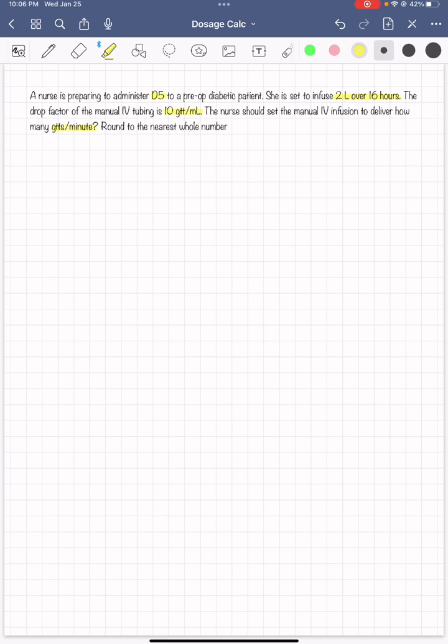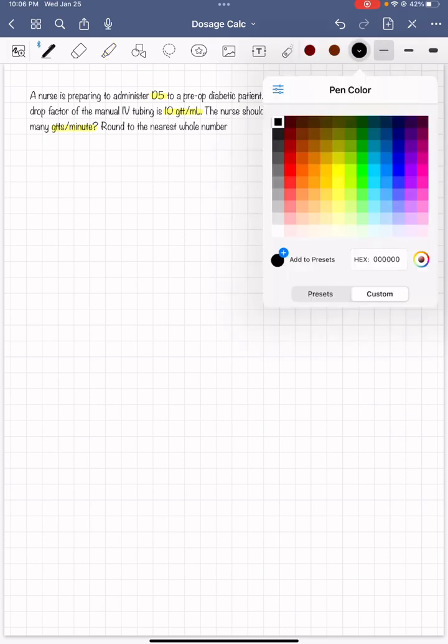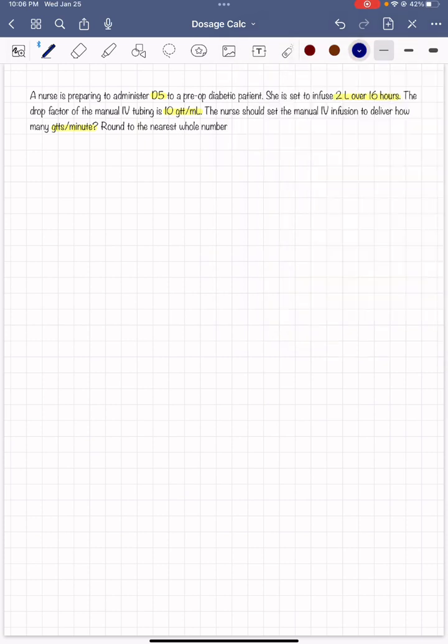So let's start. My first step is always going to be conversion. This helps make things a little bit easier to work with. So step 1, we're going to convert. So let's go down the line. I see 2 liters, and now I see a milliliter.